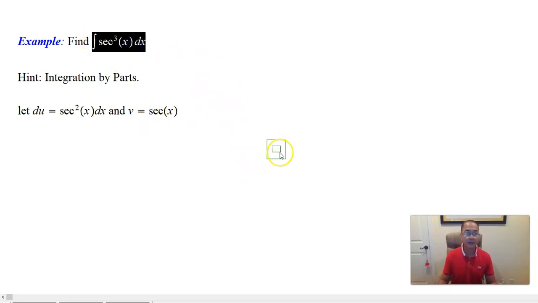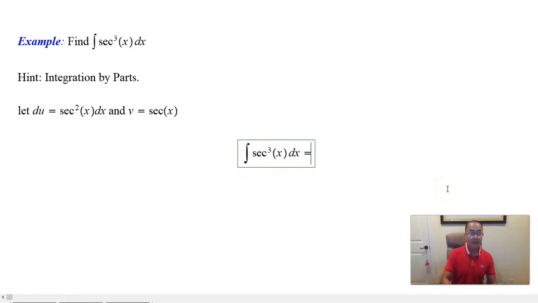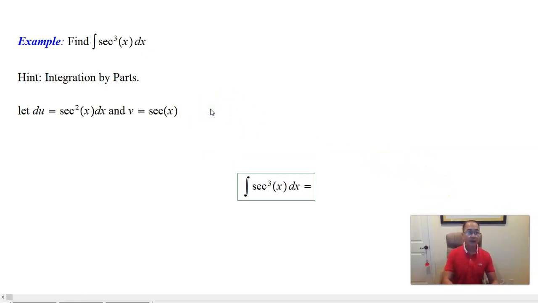So v will be tangent of x, the derivative of tangent is secant squared, and du will be secant of x tangent of x dx. I'm sorry, secant x tangent x. Bad mistake. Secant times tangent.